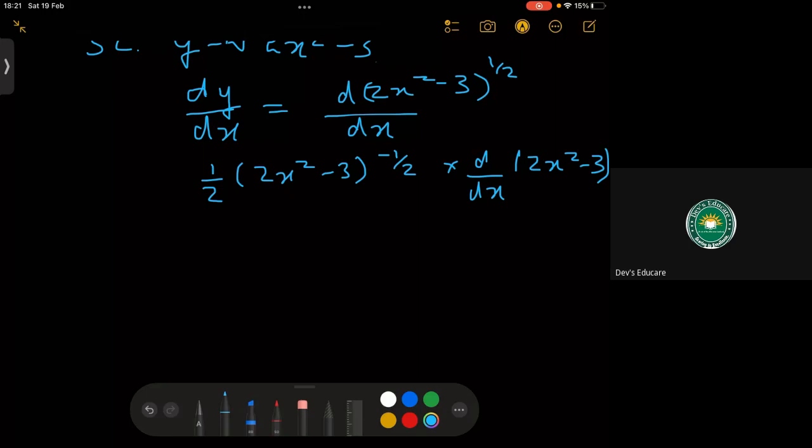So this will be 1 upon 2 root, 1 over 2 root.